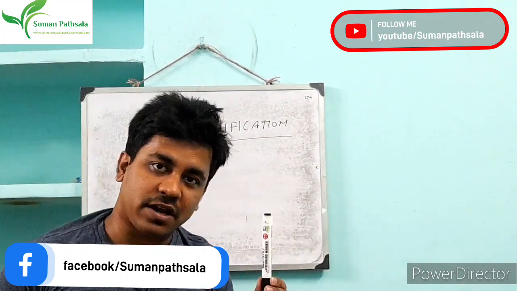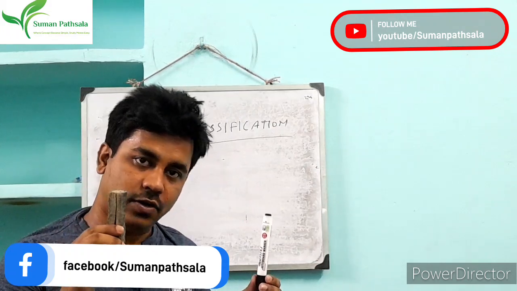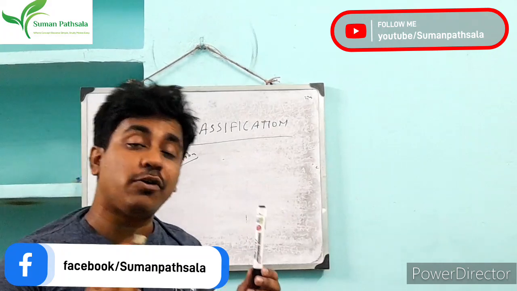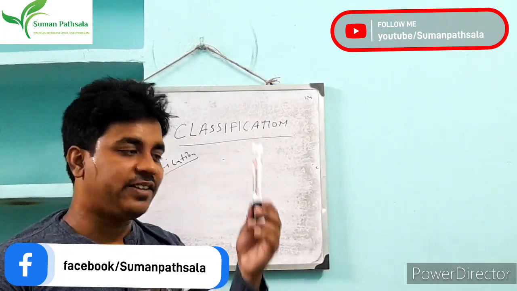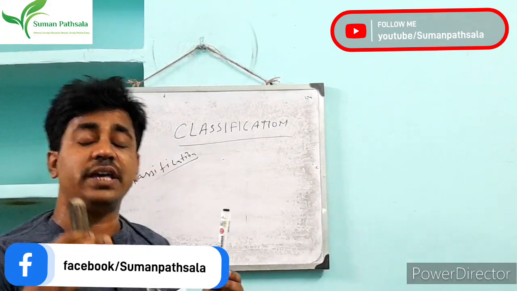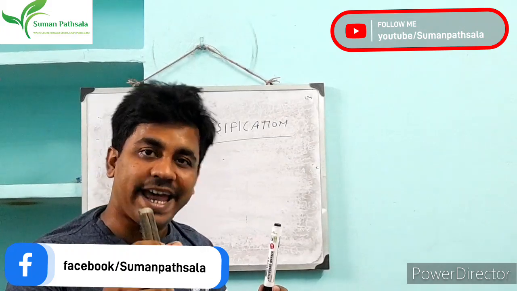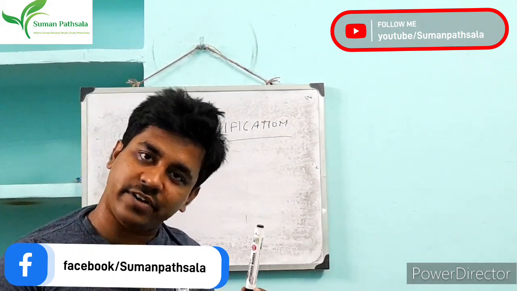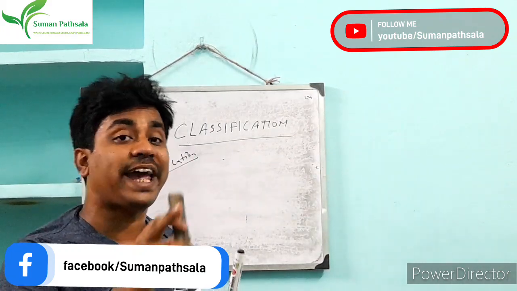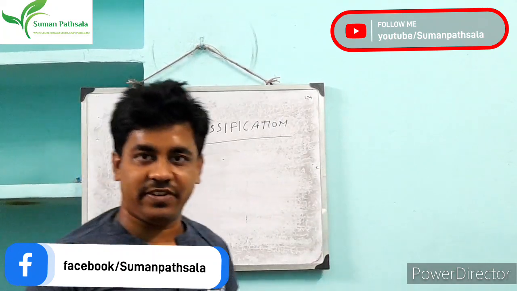This is a black color marker pen, and suppose this is another color of marker pen. How do you differentiate them? According to their color, right? This is black, this is red. If I give you another marker pen, it may be black or red, you can differentiate, and if you can differentiate, you can classify. So that is important for classification.